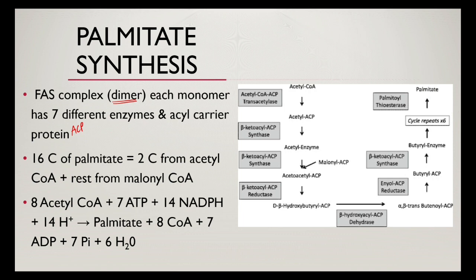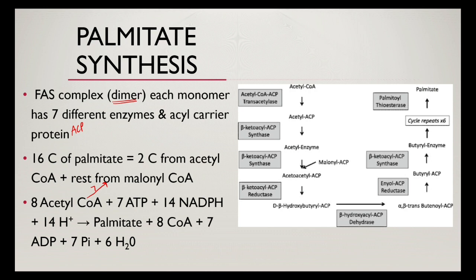Now how is this reaction forming? Why 8 acetyl-CoA? Because there are 16 carbons in palmitate, so you require 8 acetyl-CoA. Out of these 8 acetyl-CoA, 7 are converted to malonyl-CoA, and in the conversion of acetyl-CoA to malonyl-CoA you need ATP, so there are 7 ATP.